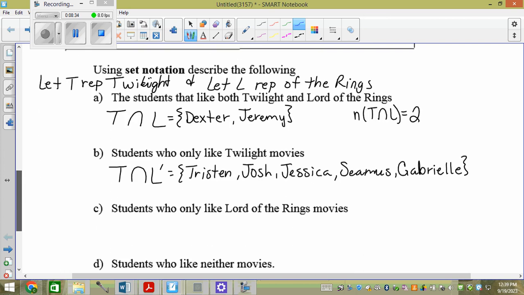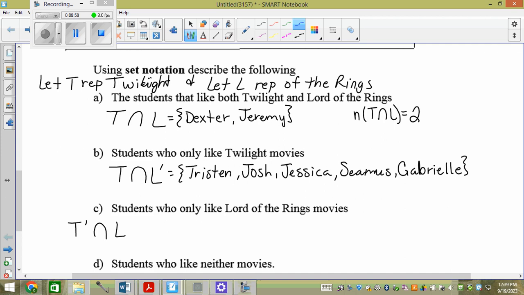Let's look here. Students who only liked Lord of the Rings. How can I represent that? If you're on your phone and you're not listening, and there's a test tomorrow that I don't have to write, but you do. So they liked L, not T. We could do that, yep. And L. Could we go L and not T? Would that still work? Yeah.